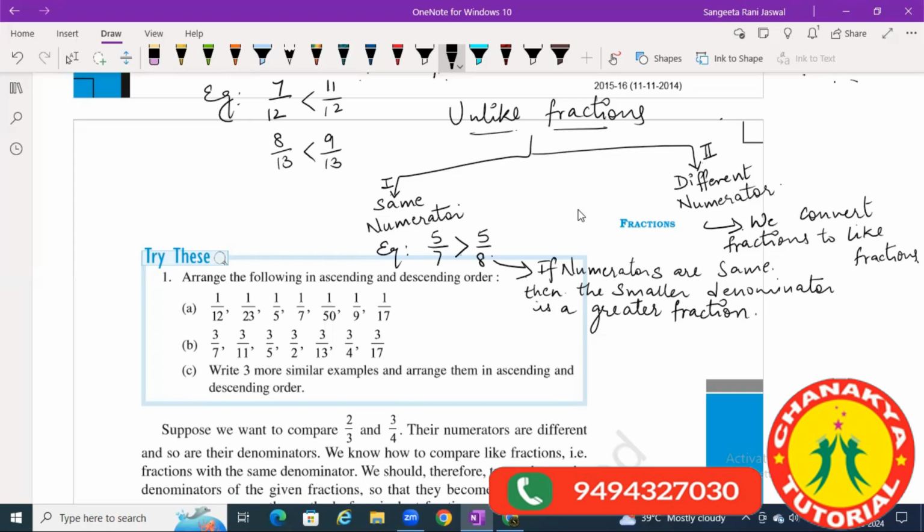Written this much? Then I'm going to a different page, because in this page there's less space to write. Please write it, then I'll change the page.